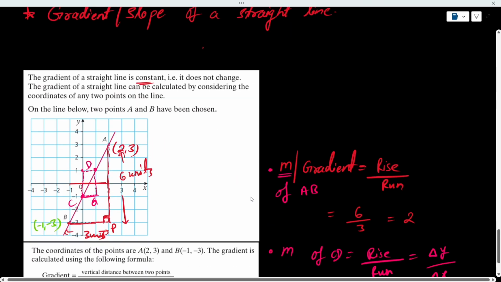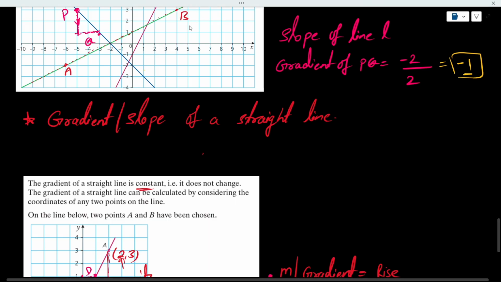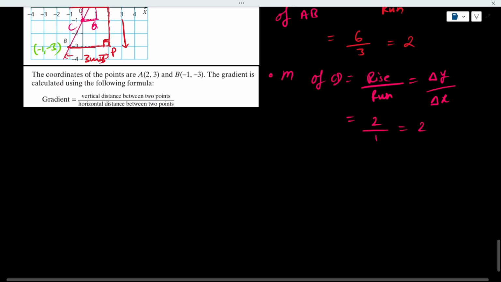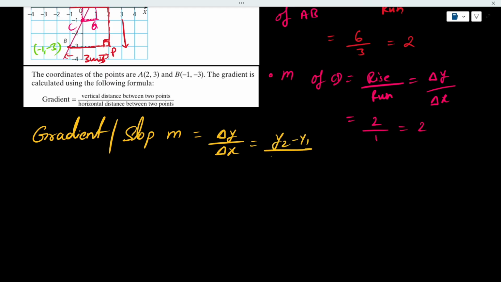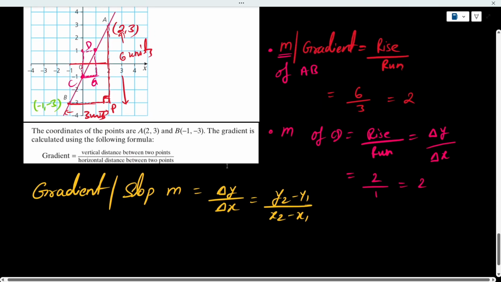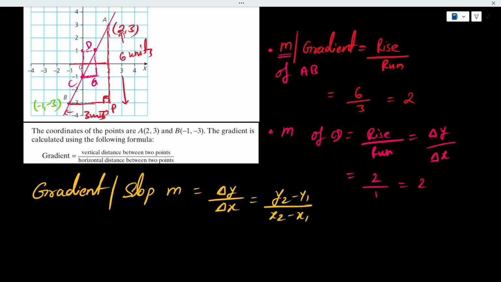So you know that rise over run is sometimes difficult. If I can find the coordinates, it's easy. Otherwise, there is one standard formula. How do we calculate gradient? Gradient or slope, we always write as m, which is change in y by change in x, which equals y2 minus y1 by x2 minus x1, where x1 y1 and x2 y2 are the coordinates of points A and B. Like how did we start here?